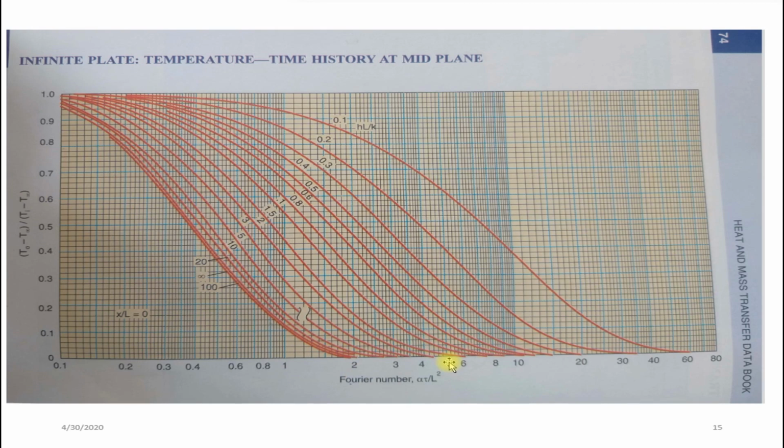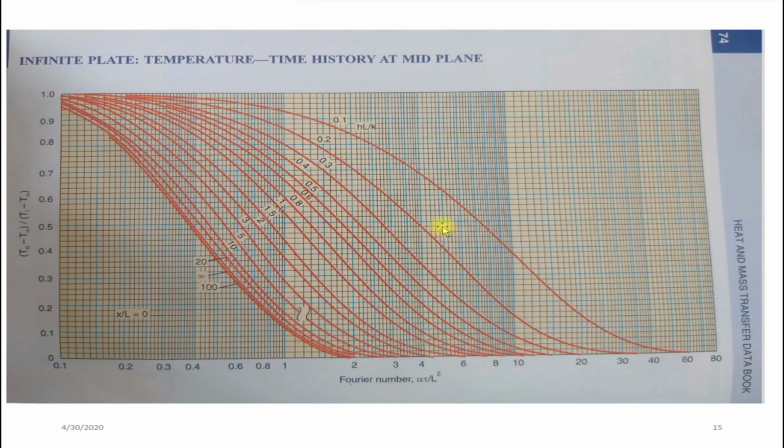So T0 minus T infinity divided by Ti minus T infinity is 0.495, and the Biot number is 0.185. 0.185 is somewhere between 0.1 and 0.2, and 0.495 somewhere here.